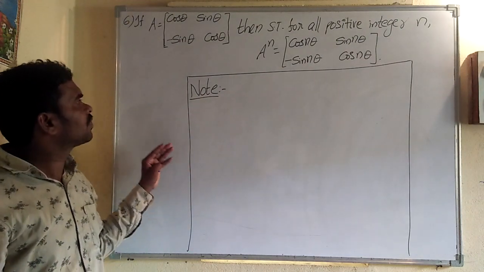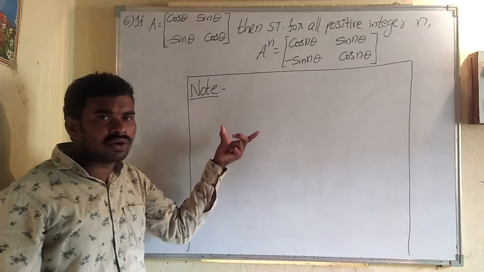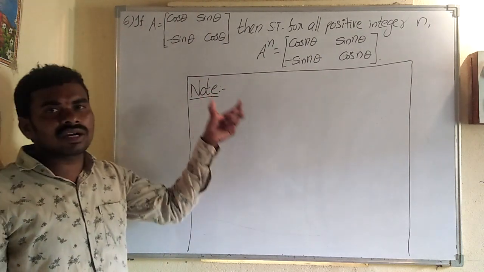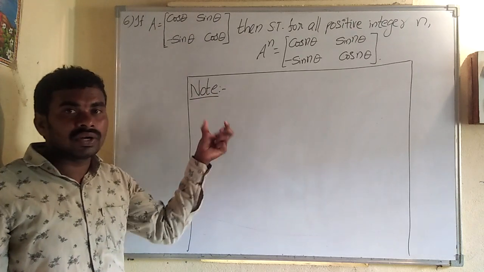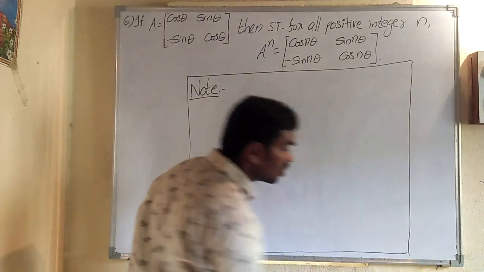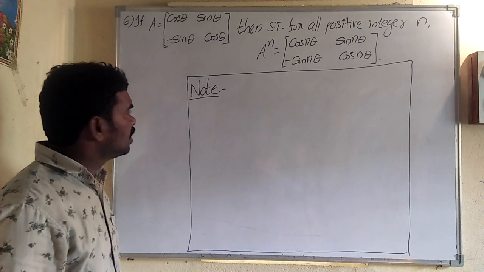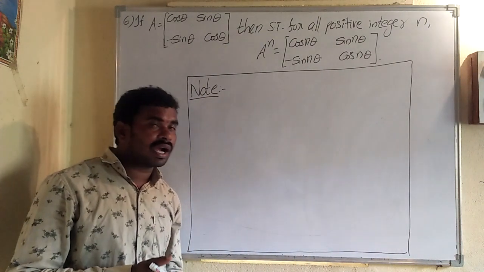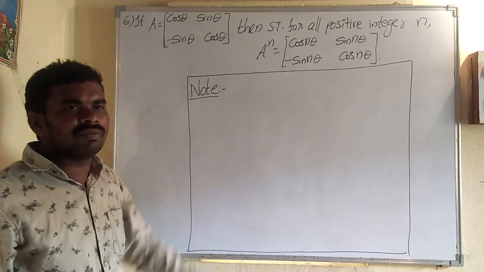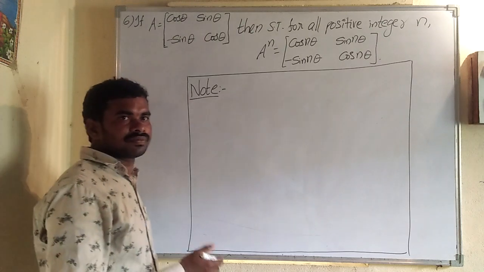I will tell you, but before that, we should know a few formulas about sin and cos which come in trigonometry. If you learn trigonometry and then practice this question, you will get it easily.